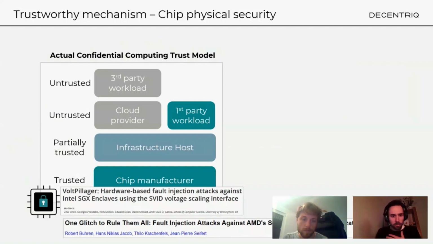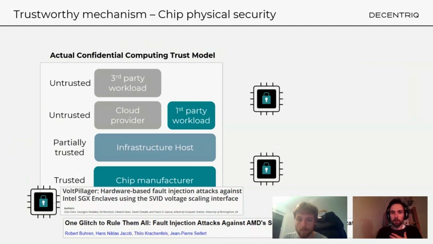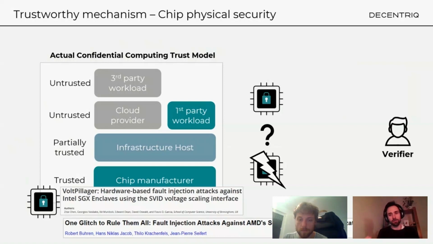The problem at the moment is that these attacks are possible in unsecured and untrusted environments. But there's actually no way for a verifier to tell the difference between a chip that's running in the secure data center with guards and dogs, etc., or a chip that's running in my garage.